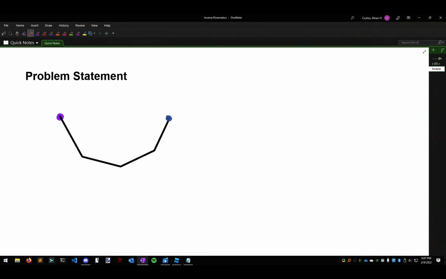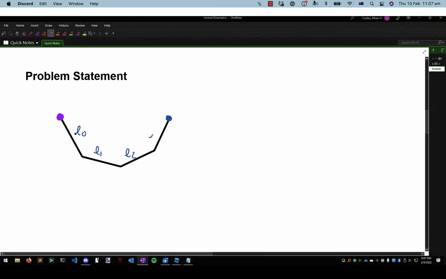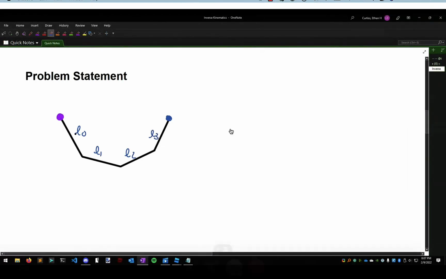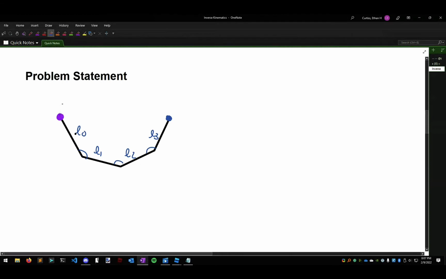If we know the lengths of each of these arms, and we know the angles between them, then it's not too hard to start at the shoulder and then figure out where the end of the arm is.